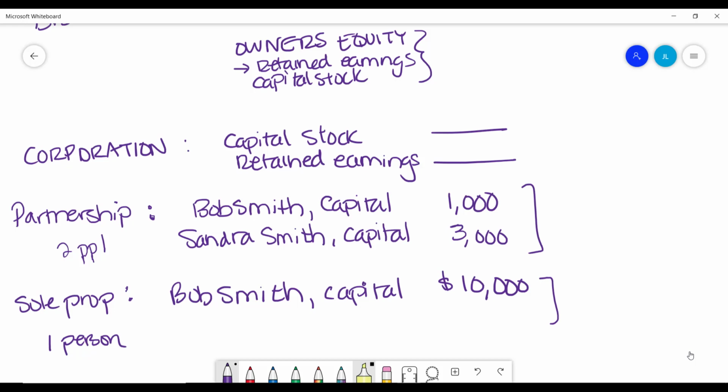So that's basically how the setup is going to look different. But this is the setup we'll be focusing on for the purposes of this class. If you've taken Accounting 101, you're probably familiar with these two kinds of setups when it comes to illustrating equity on the balance sheet. Okay?